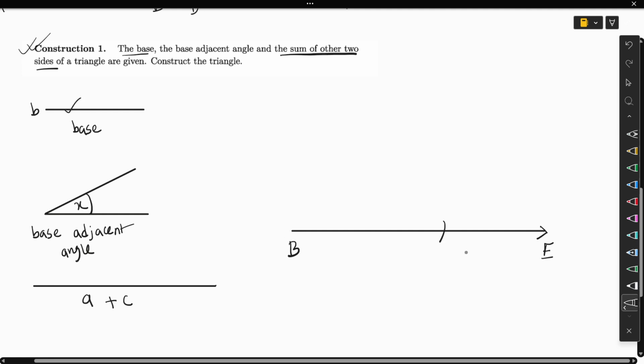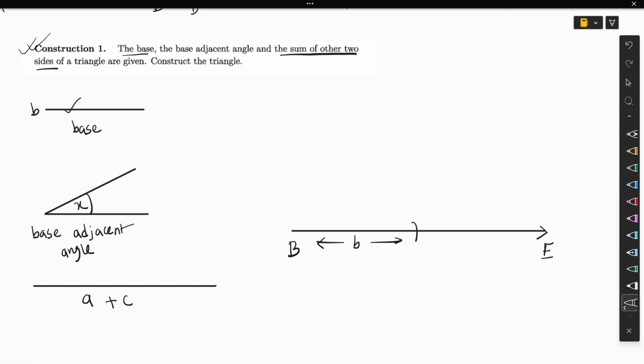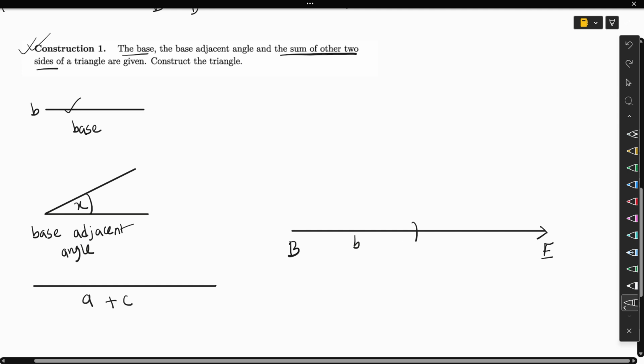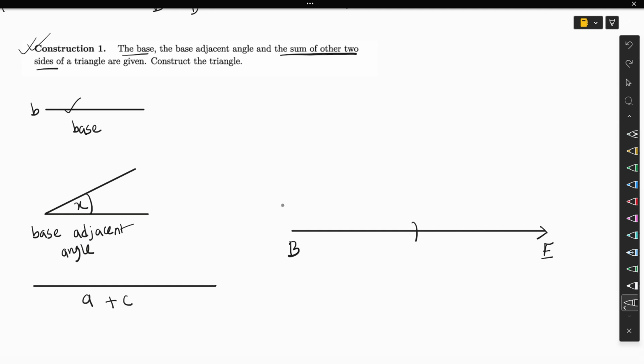It's up to you. For simplicity, we first take the length of side B using a pencil compass and cut BC, where BC equals B.